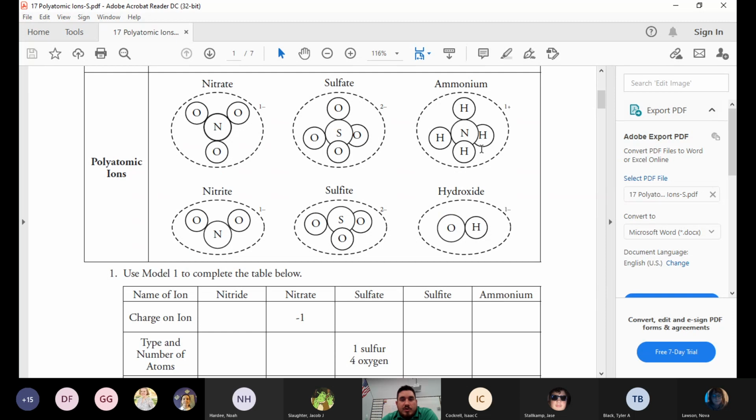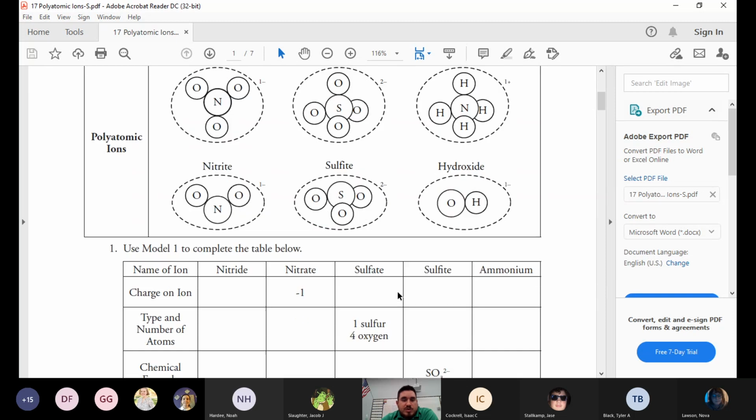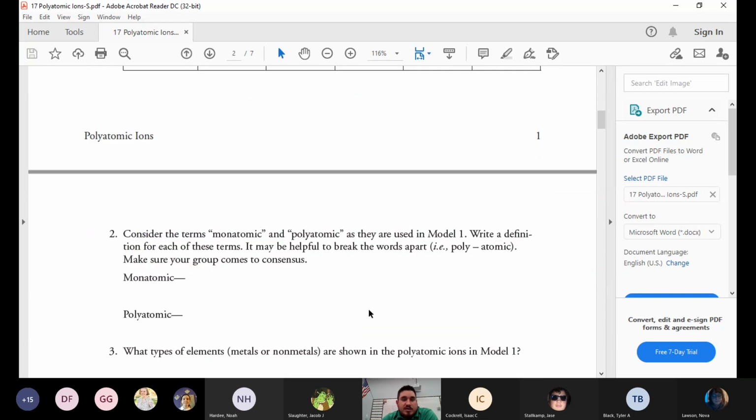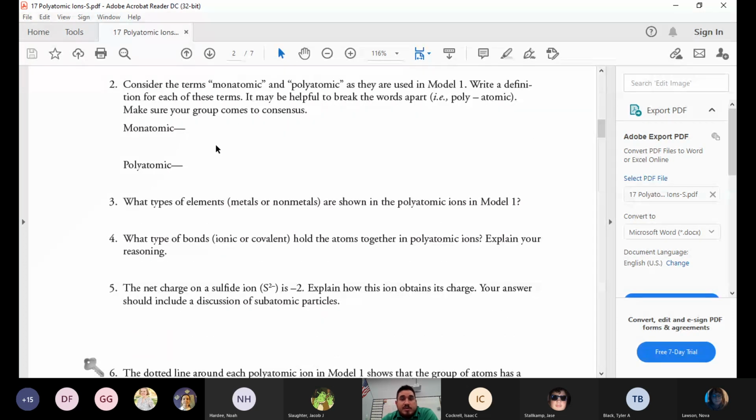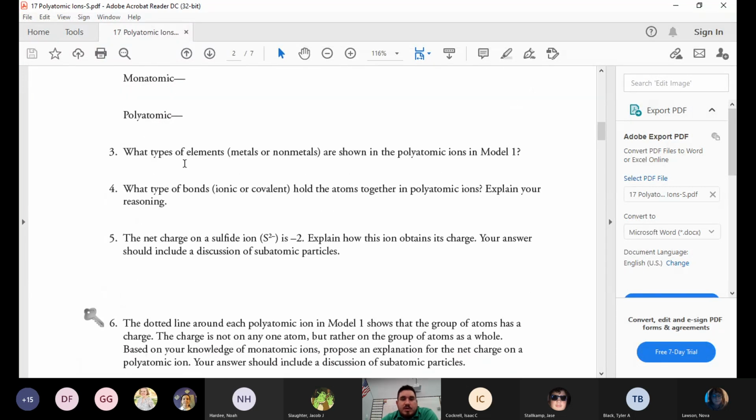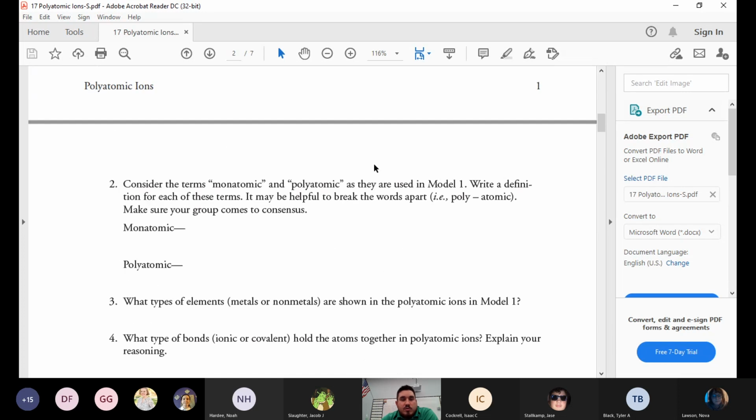Ammonium, which is this guy here, +1 charge. Then you can write out the fact that they have multiple numbers. So again, monatomic and polyatomic. Monatomic basically means one, mono. Poly means more than one. So if you answer this question here: what types of elements, metals or nonmetals, are shown in Model 1?